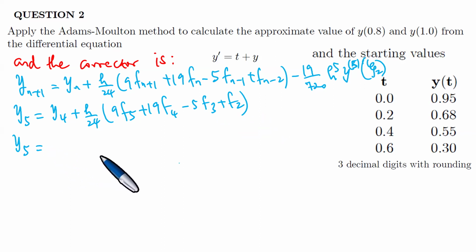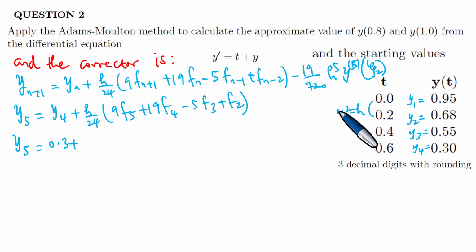So what is y4? Y1, y2, y3, y4. Y4 is 0.3. H is the difference here, H is 0.2.